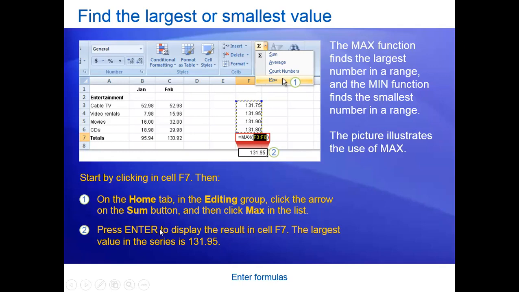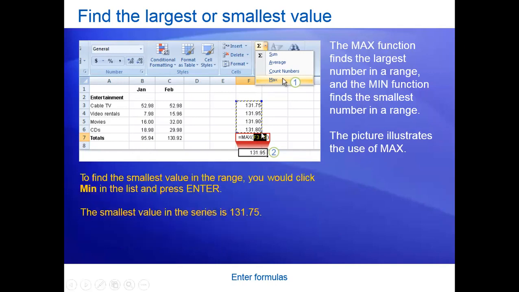Okay? Ganun din yung pag minimum yung kukunin mo, the same function or the same formula, equal sign, min naman yung ilalagay mo. Minimum. Okay? The max function finds the largest number in the range and the min function finds the smallest number in the range. Okay? Yan, ito.